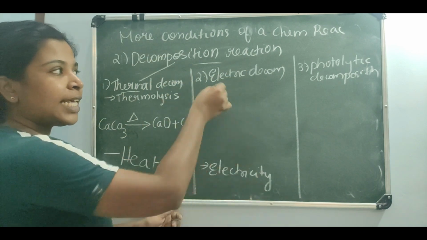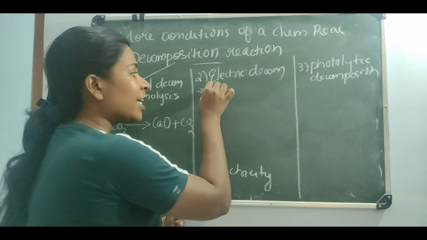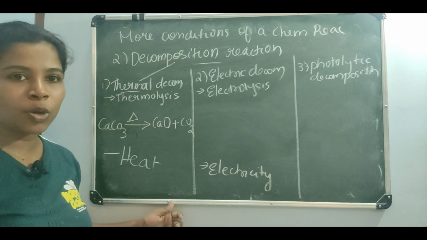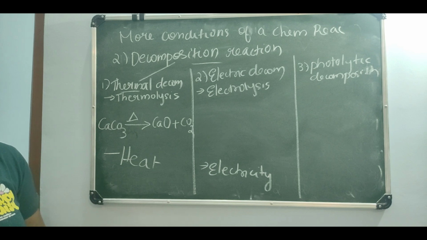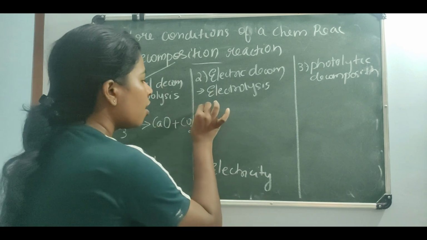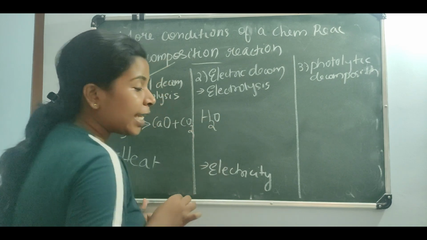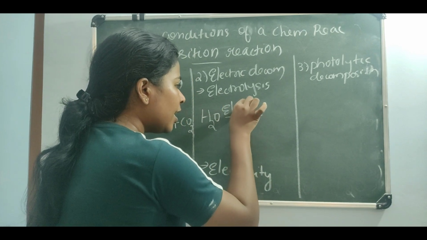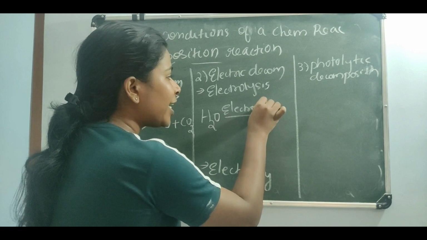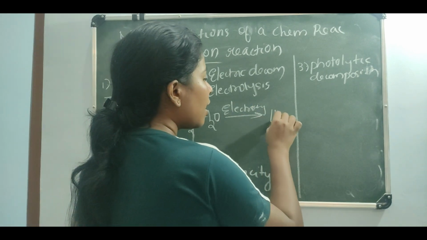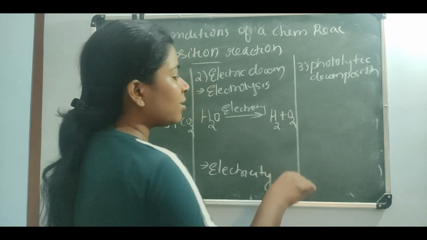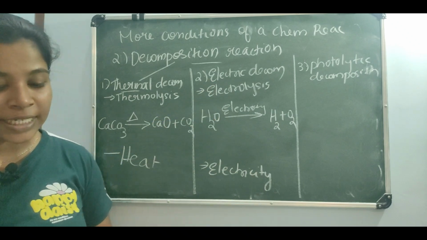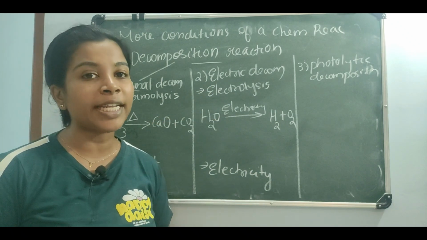Another name for electric decomposition is electrolysis. For example, when we pass electricity through water, the water gets decomposed into hydrogen and oxygen. This is known as electrolysis of water, an example of electric or electrolytic decomposition.